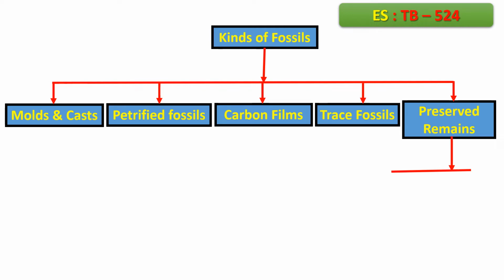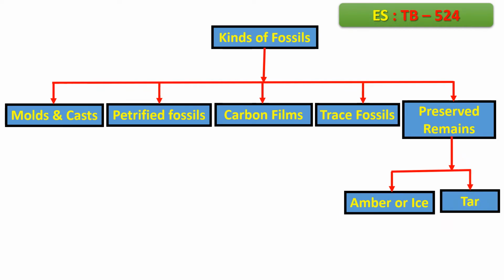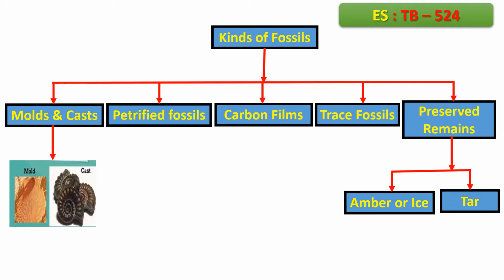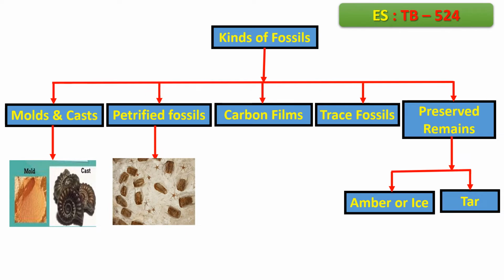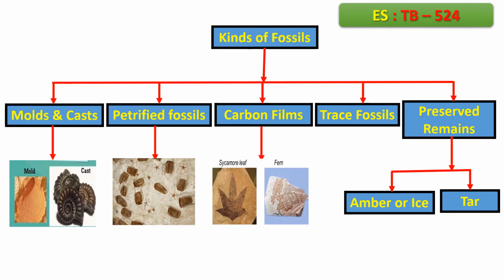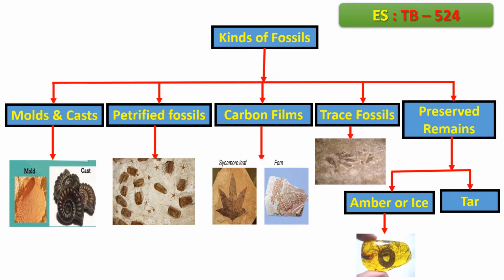Preserved remains are again divided into amber, ice, or tar. Look at the diagram: molds and casts, petrified fossils, a carbon film, trace fossils, an insect trapped in the amber, tar fossils.